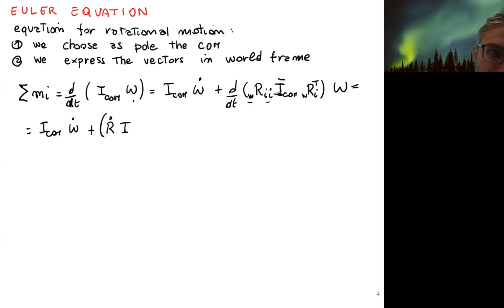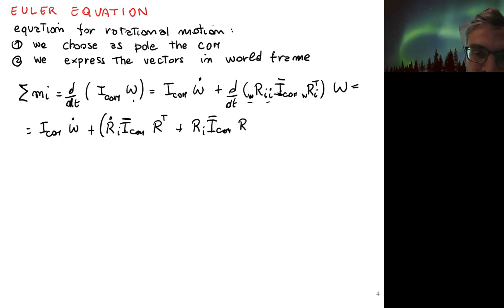Derivative of R times ICOM times R transpose, plus R times ICOM, that is constant. I don't differentiate it because it's in the link frame, and we said that in a link frame the inertia tensor is constant, times R dot transpose.